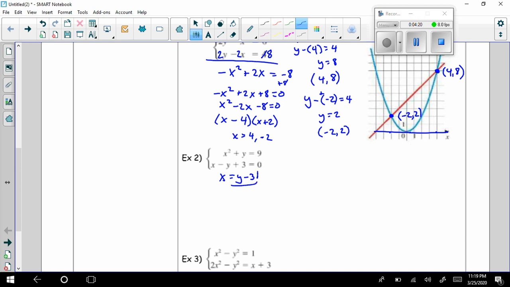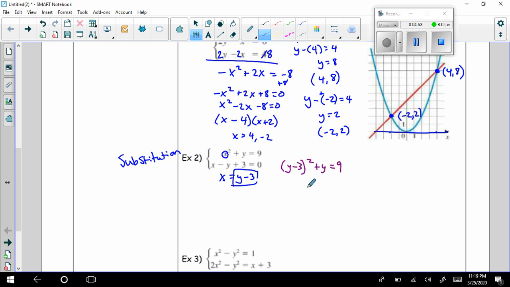And we're going to use substitution here, and substitute it into the first equation. Oops, sorry, I circled the wrong thing. We solved for x, so we're going to plug it into the first equation here. So y minus 3 squared plus y equals 9.